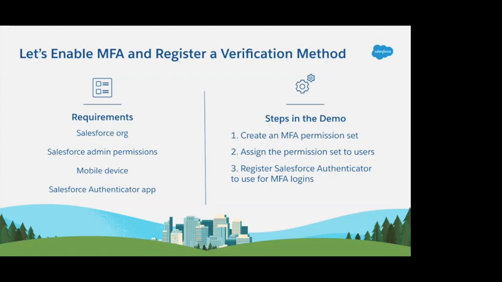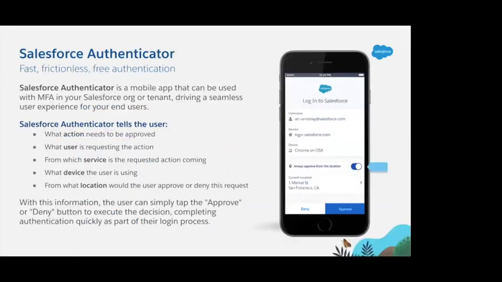What we're going to do is create that permission set, assign it to our users, and then register the Salesforce Authenticator for our users to log in. If you've never seen the Salesforce Authenticator before, it is fast, frictionless, and free, so something that you might want to consider in your implementation of multi-factor authentication.